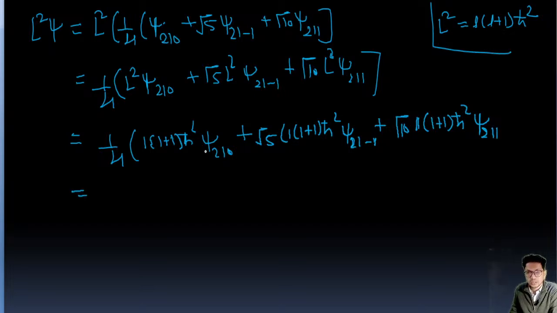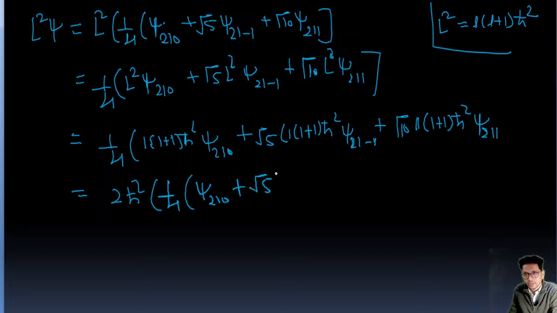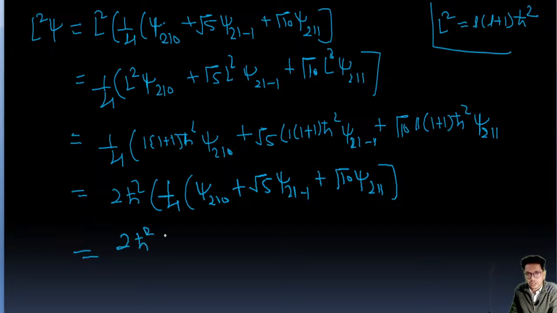Okay, so this is 1 into 1 plus 1, 2 H cut square, so we'll take 2 H cut square common, and this is going to be 1/4 of psi 210 plus root 5 psi 21 minus 1 plus root 10 psi 211. Okay, so this is going to be 2 H cut square psi.